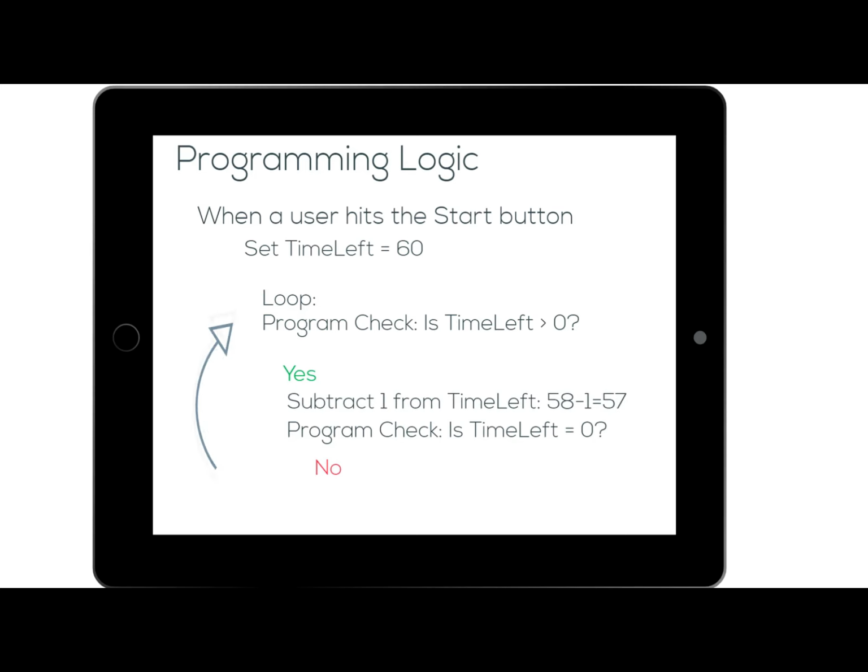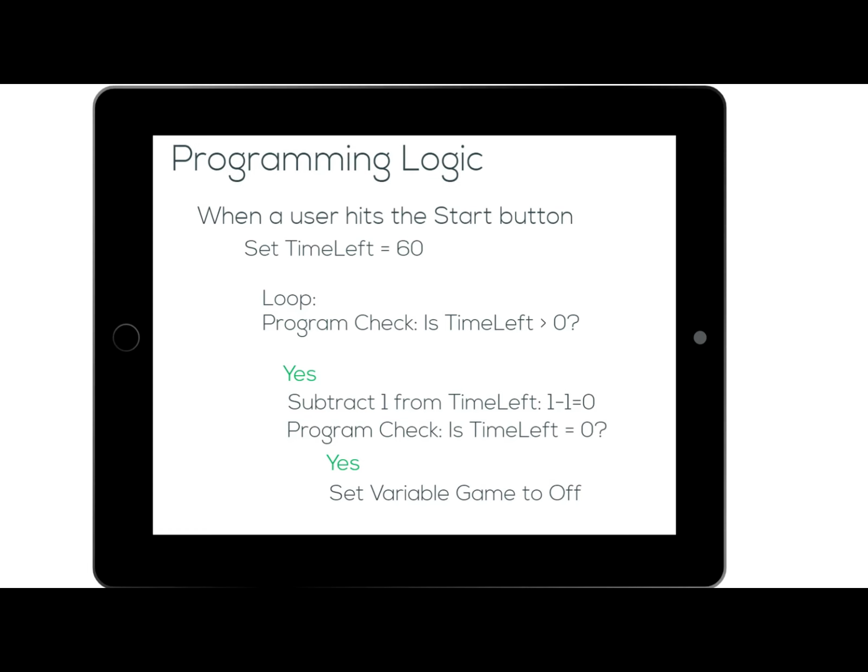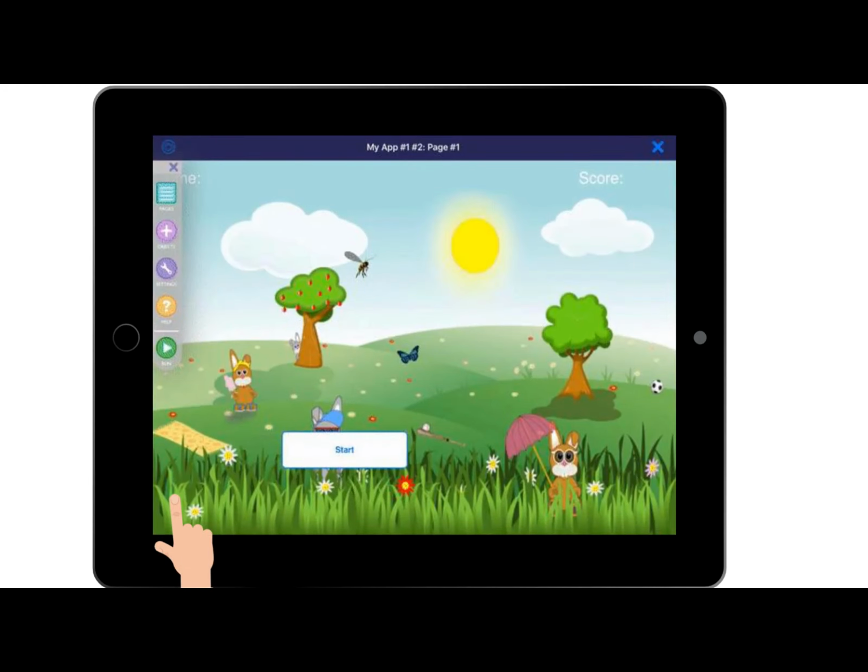If the answer is no, it will go back and continue to run the scripts in that loop. It will pause for 1 second, check is time left greater than 0, over and over again until the value of time left does equal 0. When that happens, it will trigger the scripts under the true condition of that conditional statement and set the variable game to off, which will stop our game loop from running.